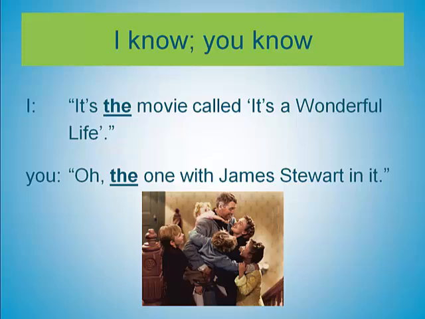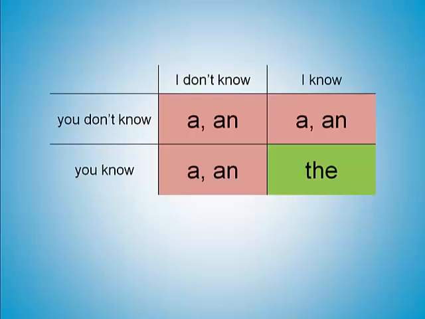It's the movie called It's a Wonderful Life, and you respond, oh, the one with James Stewart in it. So we use the when both of us know exactly which thing or things we're talking about.